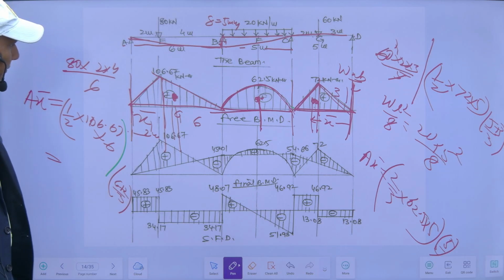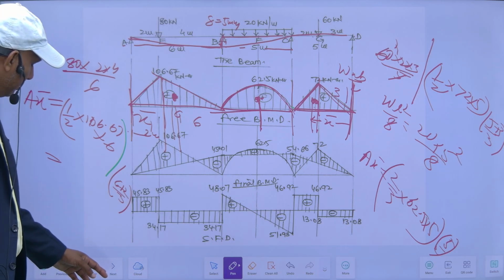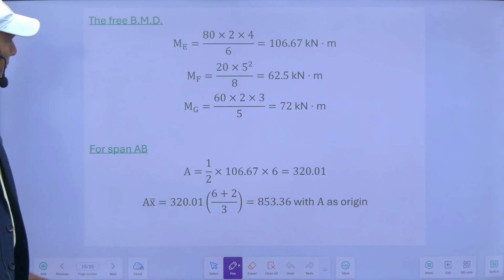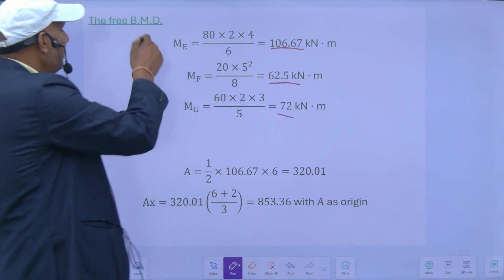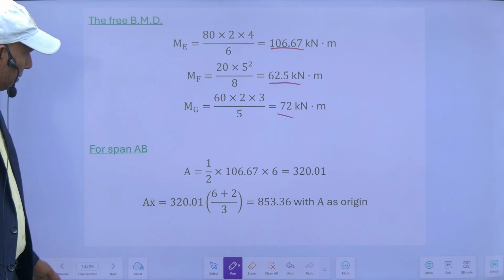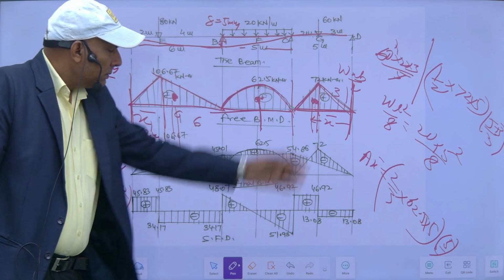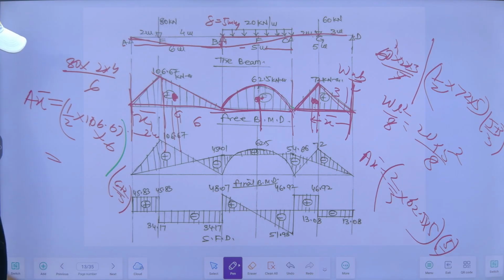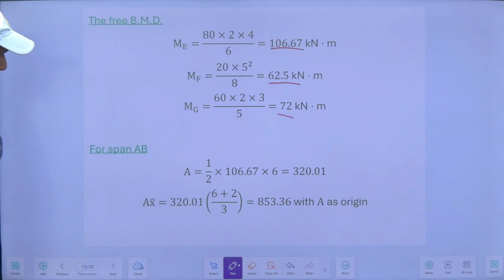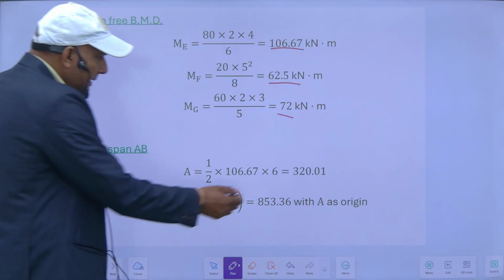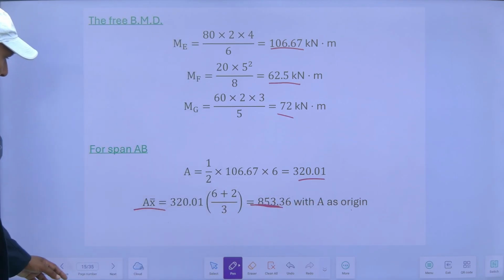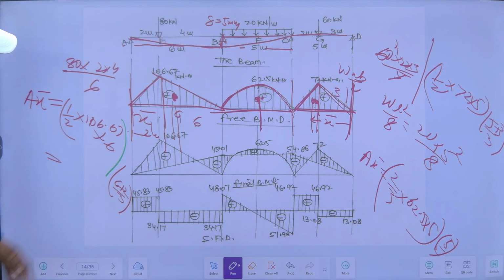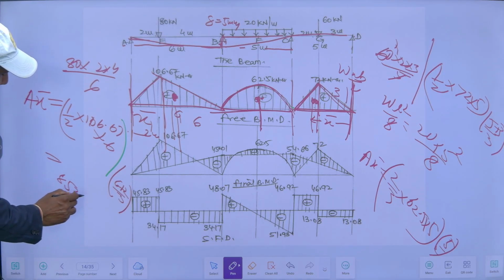Then I will apply the three moment theorem. So these are the ordinates 106.67, 62.5, 72, the free BMD, which I have explained. For span AB, the area is this one, so A x bar is 853.36.